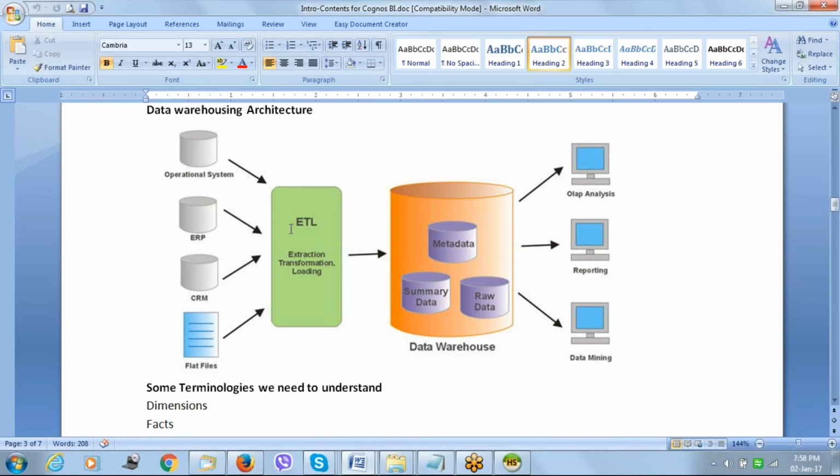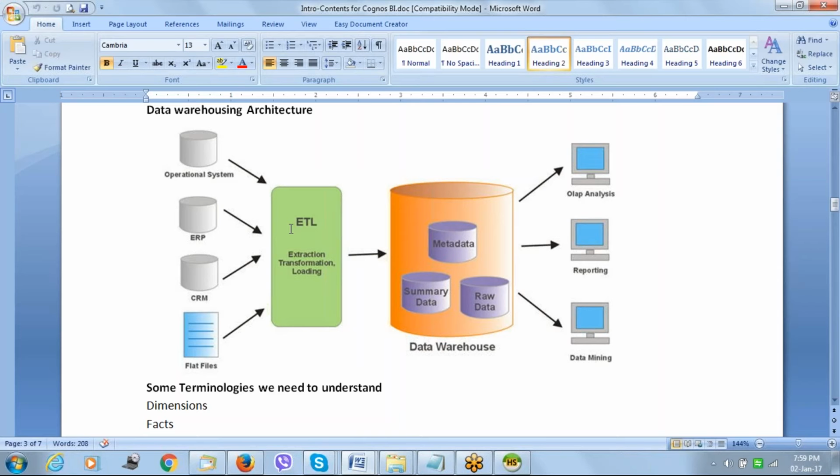So the data warehouse is designed to handle the load. Thousands and lakhs of records will be retrieved from the data warehouse and reports will be generated. So the design purpose of the normal database and the data warehouse is different. That is the general idea.